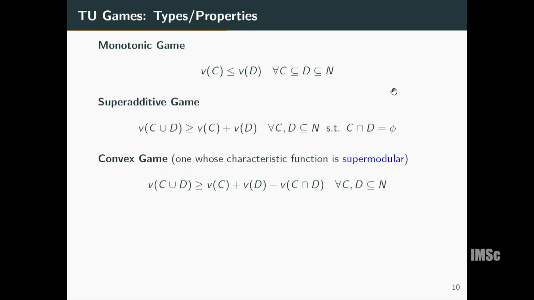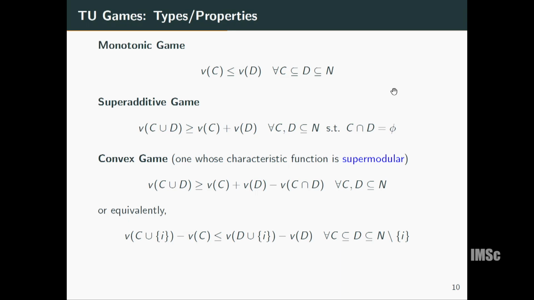Just a definition. This definition is equivalent to this definition, again not difficult to prove. What it is saying is, if you try to add an agent i to a larger set, then the marginal contribution of agent i to the larger set will be more than the marginal contribution of i to the smaller set.